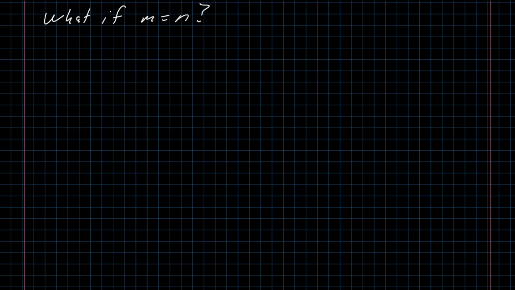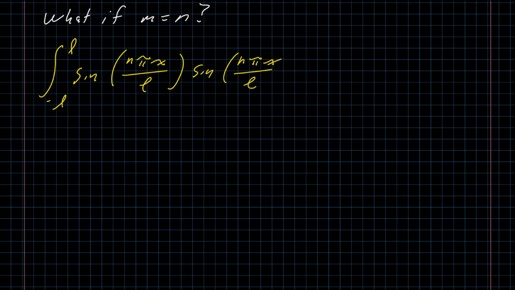Well, in that case, we are looking at the integral from negative L to L of sine n pi x over L times sine n pi x over L, and we'll start off the same way we did before.